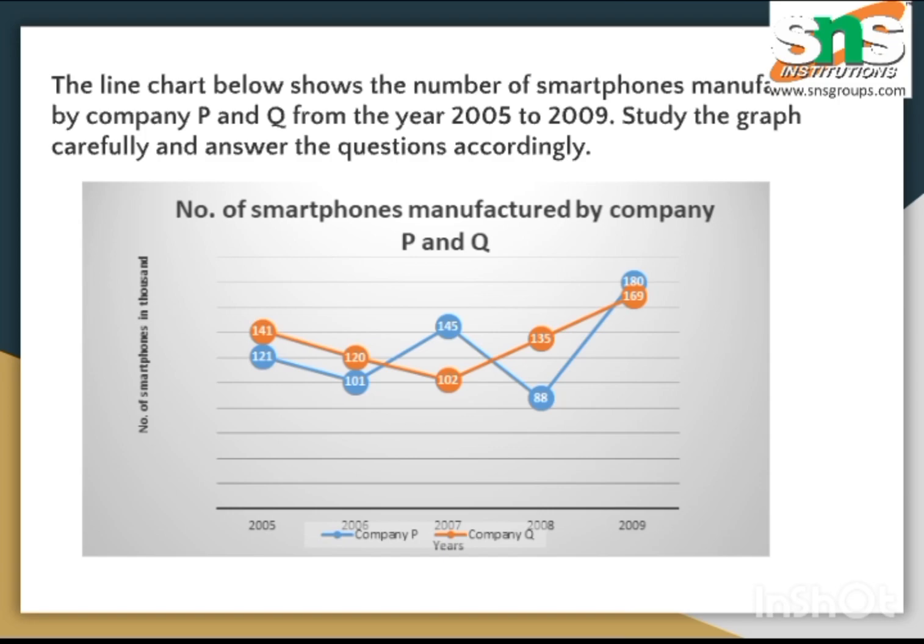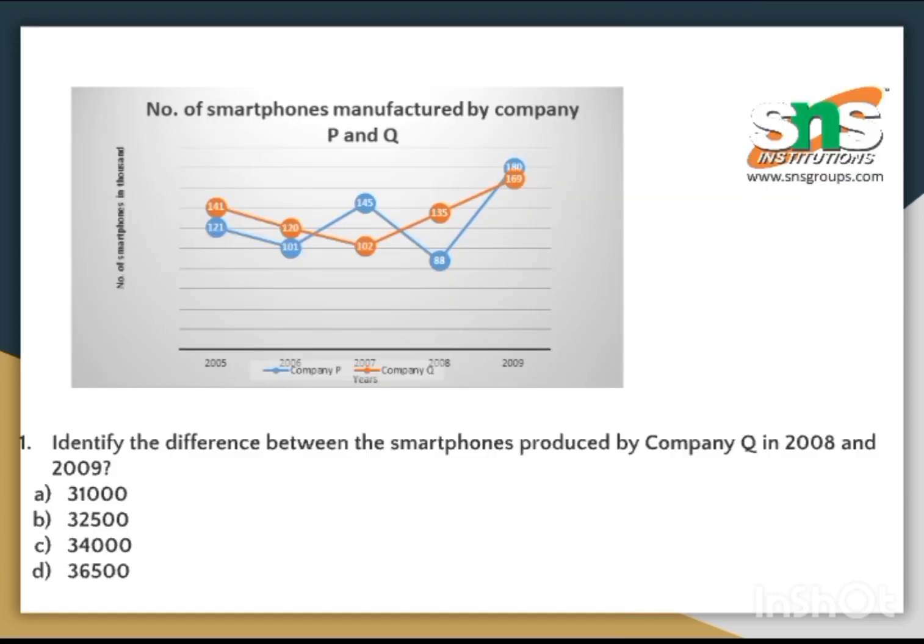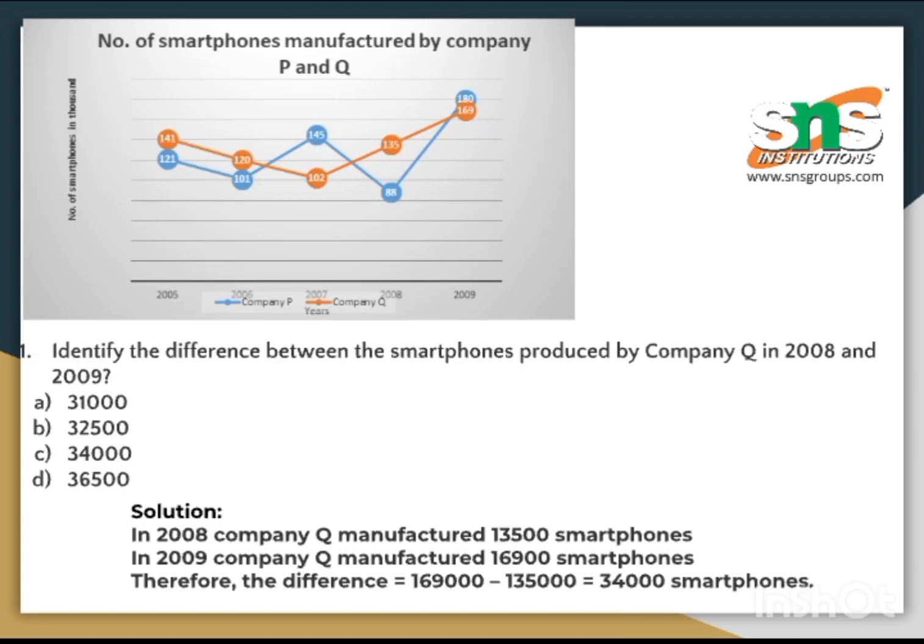Here the first question is, identify the difference between the smartphones produced by company Q in 2008 and 2009. Company Q is the orange color, with 135,000 and 169,000 smartphones.